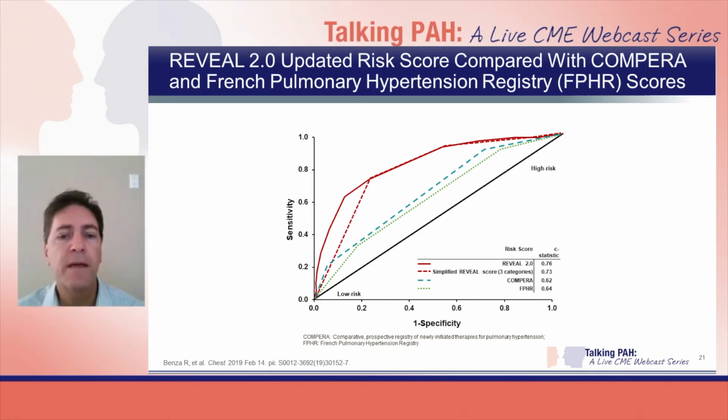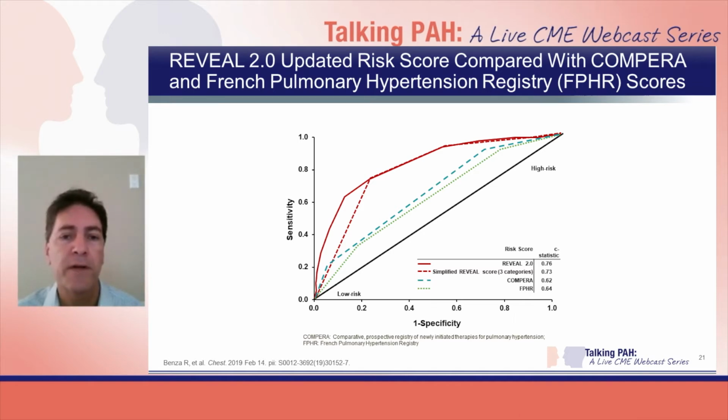If you look at the area under the curve, sensitivity versus 1 minus specificity, the area under the curve is 0.5 at the lowest, and the higher, the better.